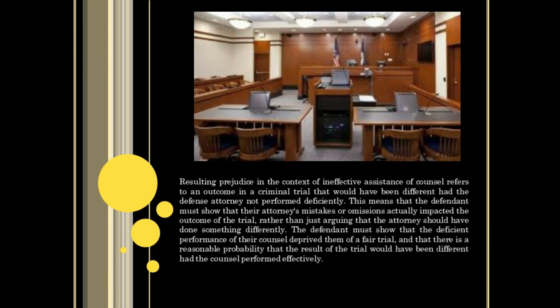This means that the defendant must show that their attorney's mistakes or omissions actually impacted the outcome of the trial, rather than just arguing that the attorney should have done something differently. The defendant must show that the deficient performance of their counsel deprived them of a fair trial, and that there is a reasonable probability that the result of the trial would have been different had the counsel performed effectively.